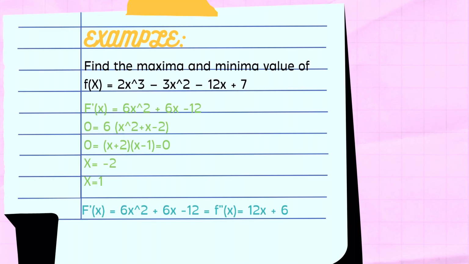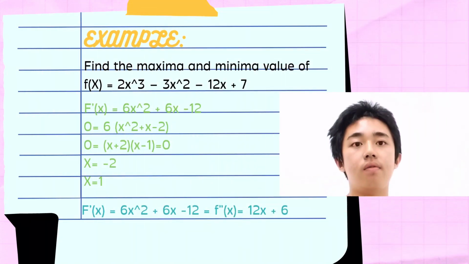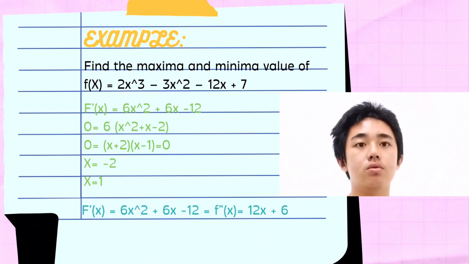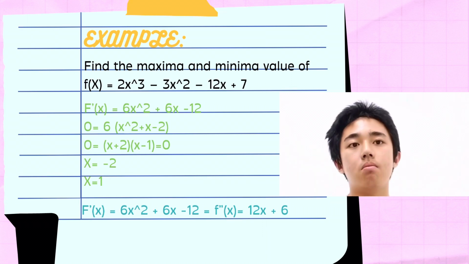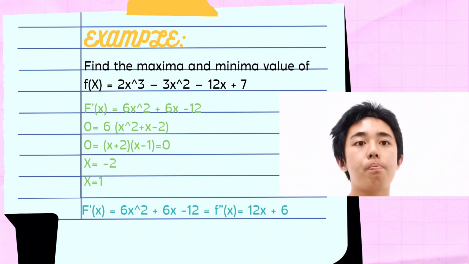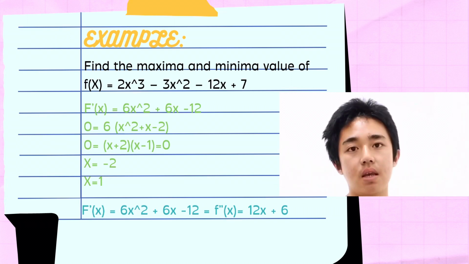The example for using the second derivative to search for maximum and minimum values is f(x) = 2x³ - 3x² - 12x + 7.